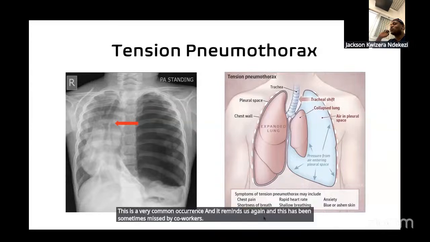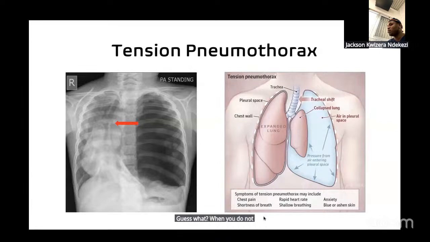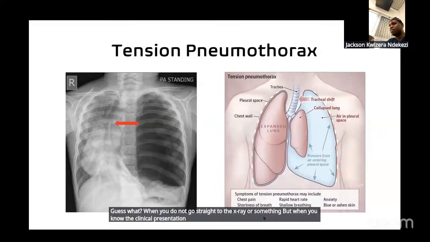Guess what? When you do not go straight to the X-ray or something, but you know the clinical presentation of this, you can't miss it. It's a clinical diagnosis, and sometimes you may need some other investigation to confirm. But the presentation is typical, and then you go ahead and manage.